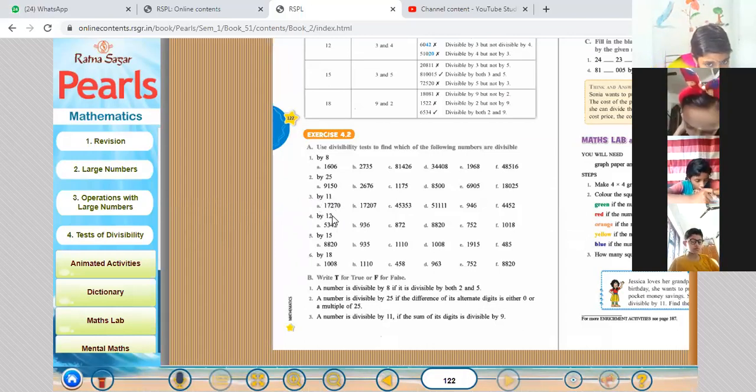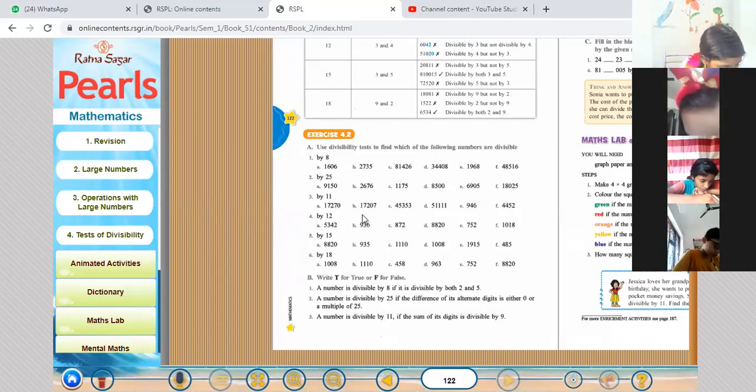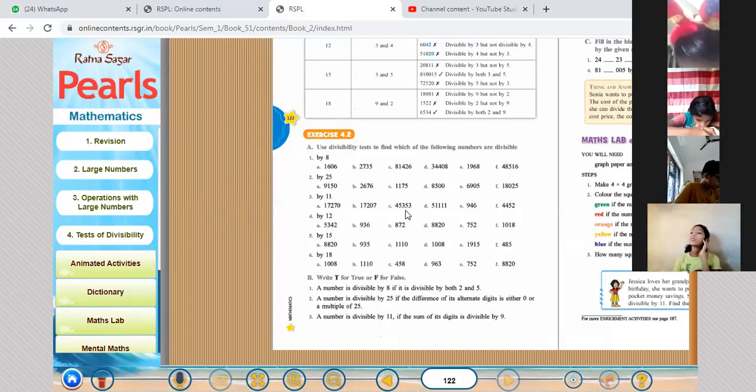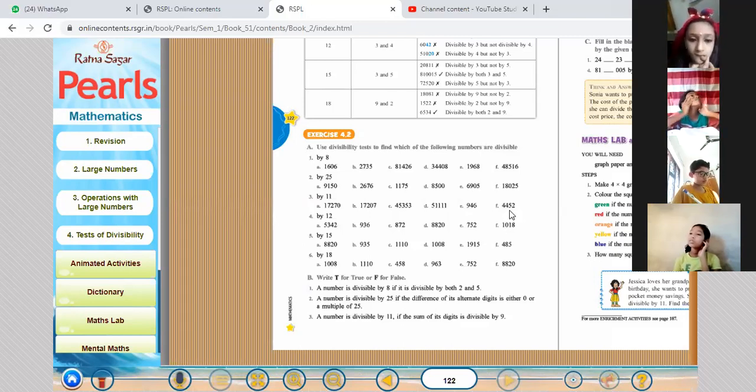The first one is 17,270 and the second one is 17,207 and the third one is 45,353 and the fourth one is 51,111 and the fifth one is 946 and the last one is 4,452.